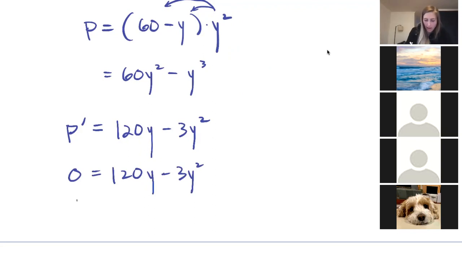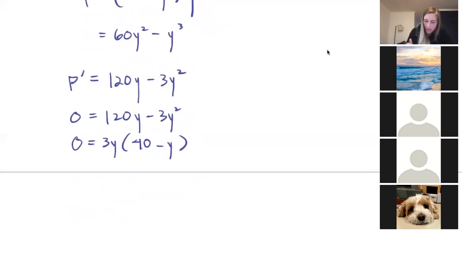So I'm going to solve that by factoring out the GCF of 3y. So that would be 40 minus y then. So our critical values would be y equals 0 and then y equals 40.